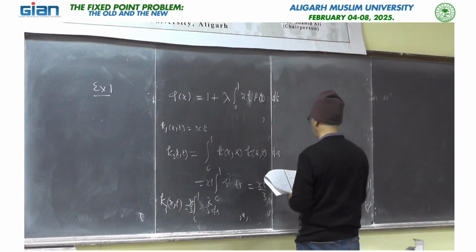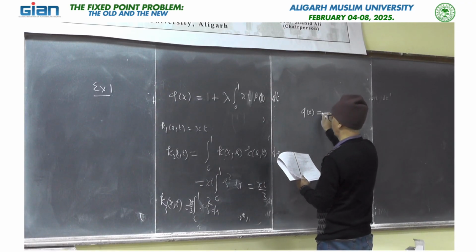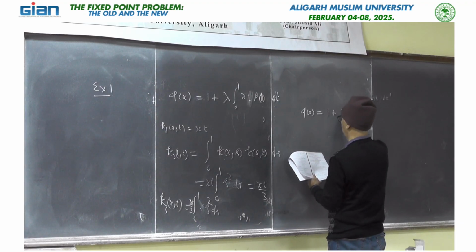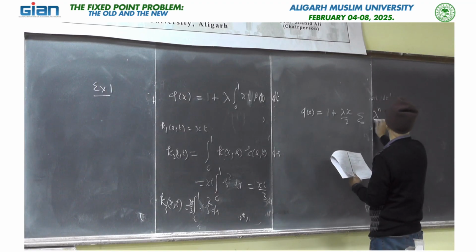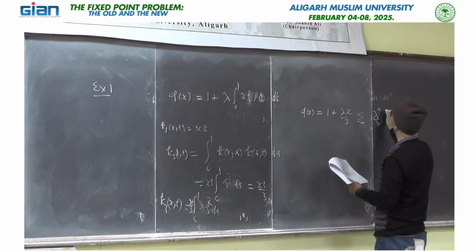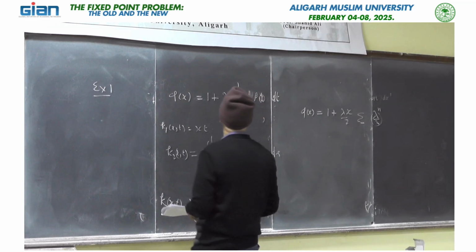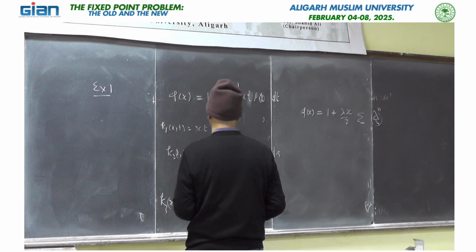Is something I am missing or what? See, phi(x), that fixed point actually comes out, or phi_0, it comes out to be 1 plus lambda x over 2 times the summation of (lambda by 3)^n. Maybe I need to put that lambda also there, right?